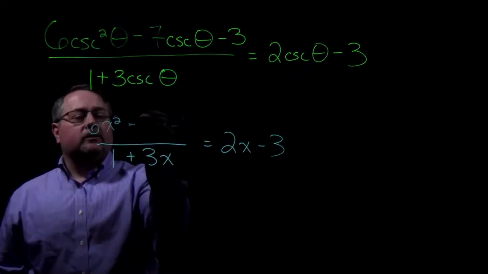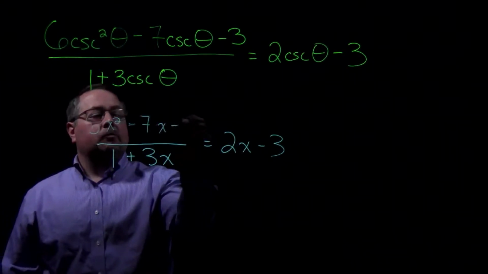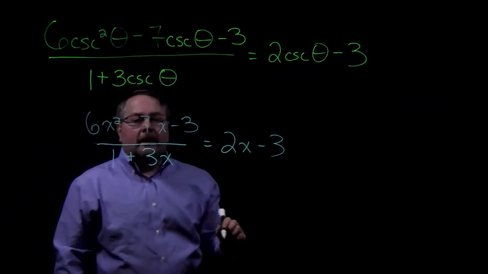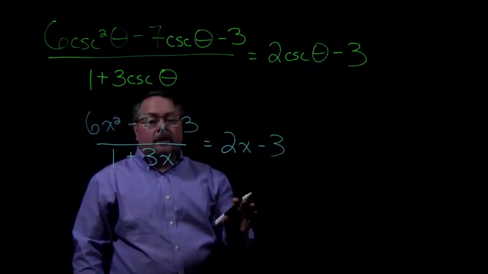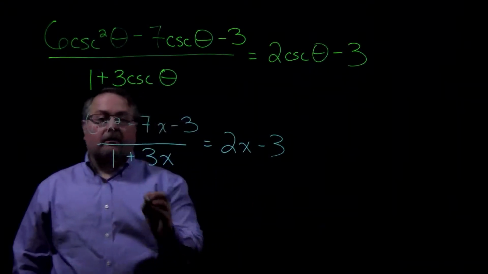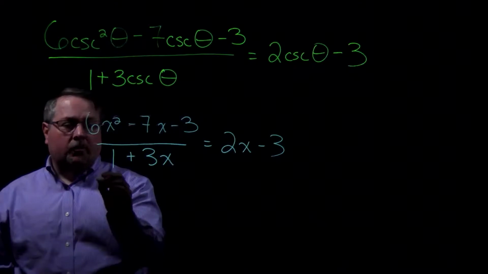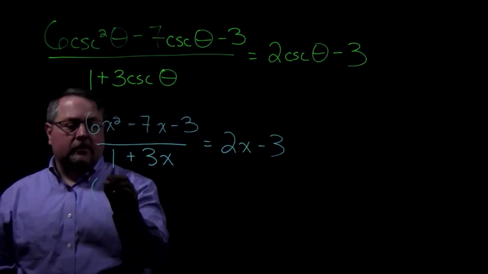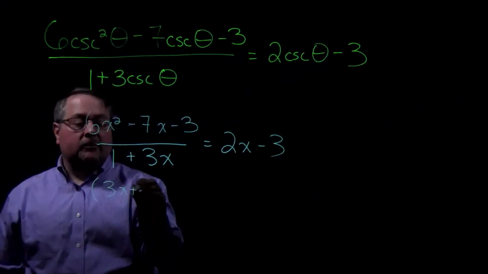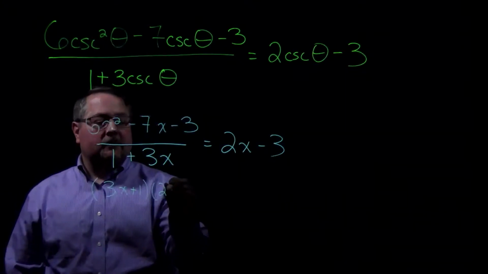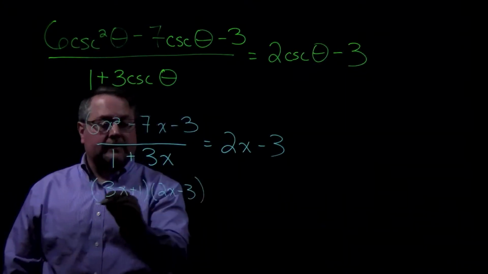Okay, so this is really just a rational expression that we're simplifying. And this is true as long as our denominator is non-zero, because we can factor our numerator to be 3x plus 1 times 2x minus 3.